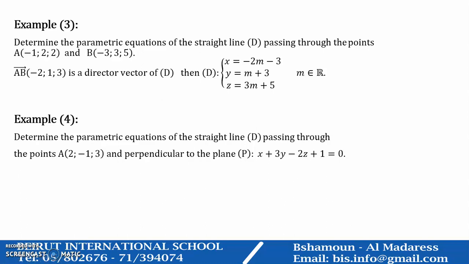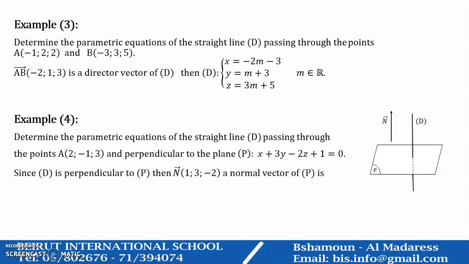Now they ask us also to determine the parametric equations of the straight line D passing through the point A and perpendicular to the plane P: x plus 3y minus 2z plus 1 equals 0. Now, since D is perpendicular to P, then n, which is a normal vector of the plane P, is parallel to the straight line passing through A and perpendicular to the plane.